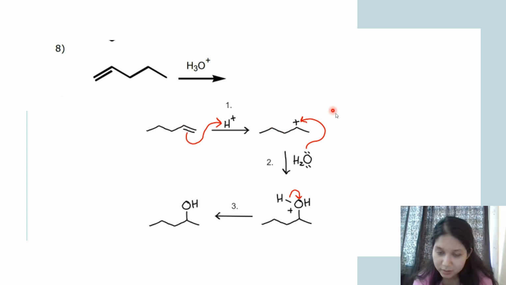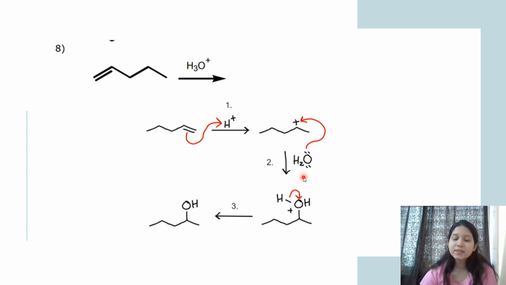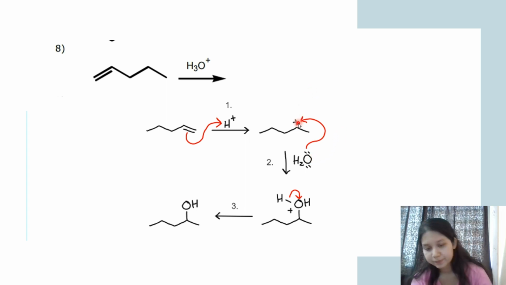So we are getting a secondary carbocation in the first step. Then the water molecule this time will act as the nucleophile, and the oxygen lone pair will donate electron pairs to the carbocation. So what happens? You are donating an electron pair to a positive center.